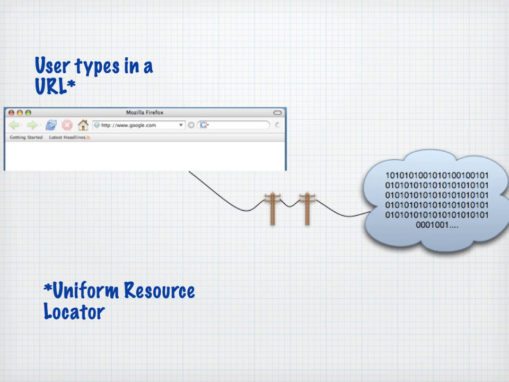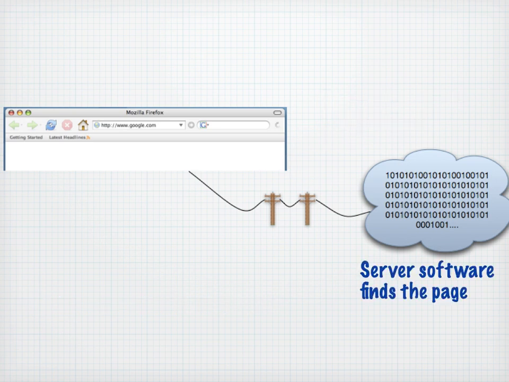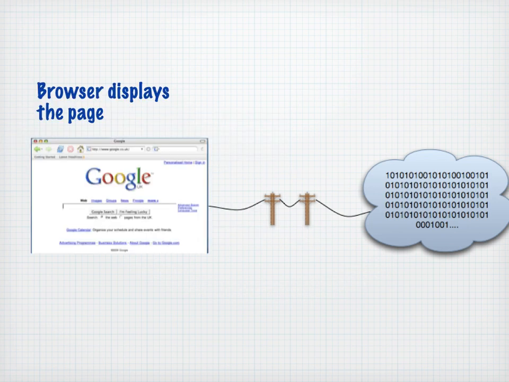What actually happens is that it is sent over the internet using HTTP, Hypertext Transfer Protocol, to a web server somewhere on the internet. The web server finds the page, and it's a very simple piece of software, a web server, to an extent, because all it really does is listen, waiting for some request for a page. When that request comes in, it finds the page and sends it back, and then the browser displays the page.